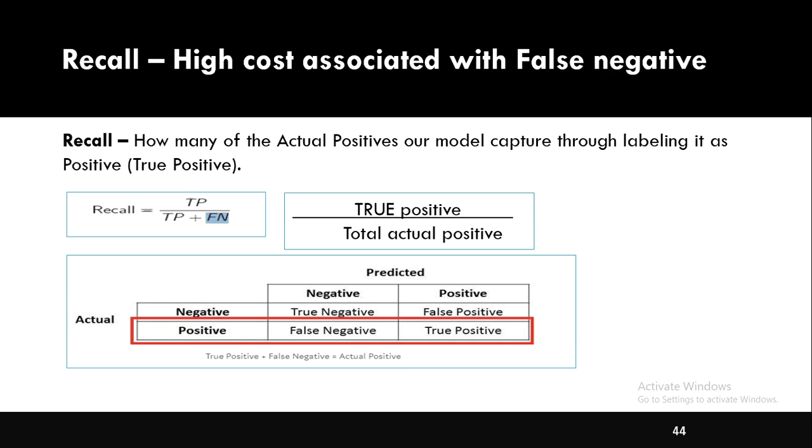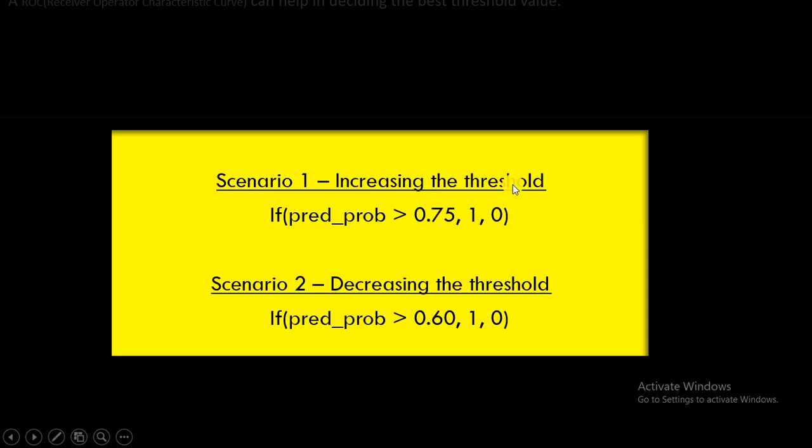On the other hand, if the model predicts a higher false positive value, that means the model wrongly predicted a normal transaction as a fraudulent transaction. In that case, there is no loss in money. There will be an inconvenience, but still there is no chance of money loss. So in this case, the false negative cost is very high, and you can use recall in those kinds of situations.